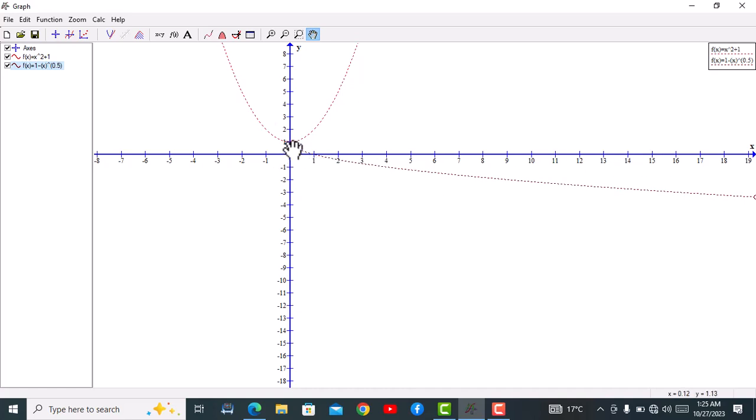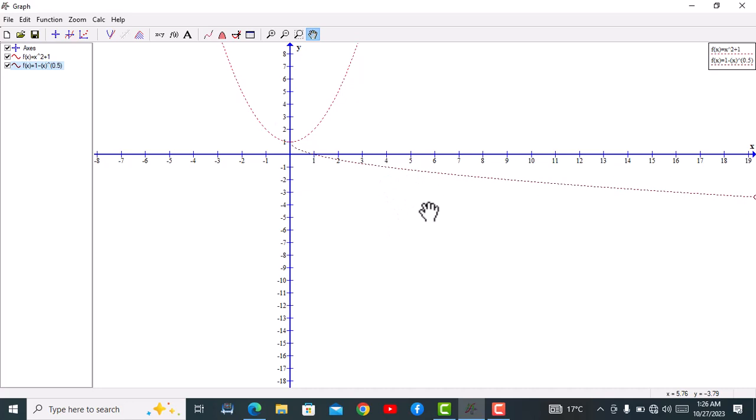But when it comes to the range, you are going to say 1 to what now? 1 should be less than negative infinity. So we are therefore saying y should be less than or equal to 1, and y should be less than negative infinity.